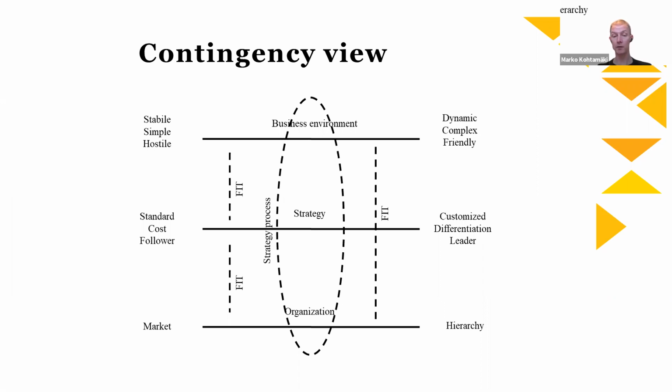As you noticed, I'm not talking about only the within firm organizational structure, but actually the value system, supply system structure, which should be adapting to the strategy and business environment. So this is a simplistic example of the strategic fit between environment strategy and structure.